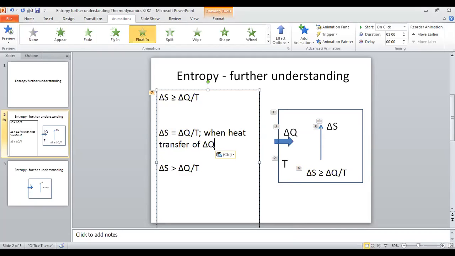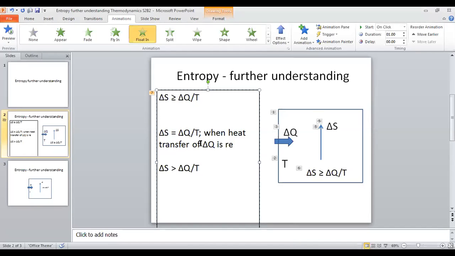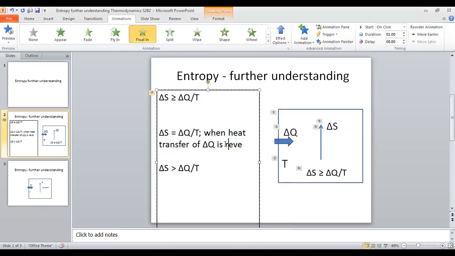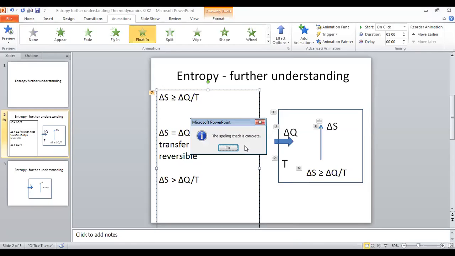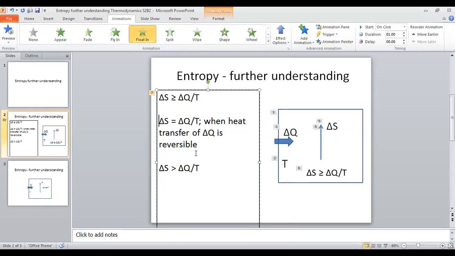Can you advise me how to do this automatically, this spell check? The equality holds when the delta Q heat transfer is reversible.